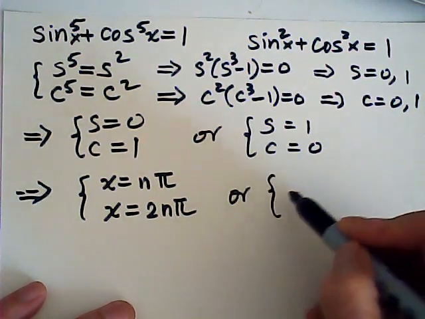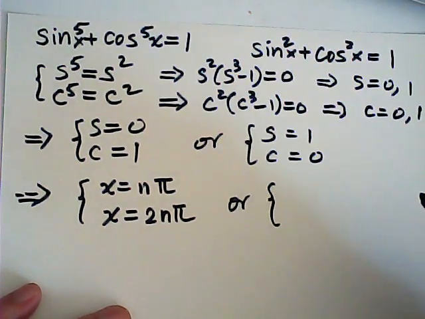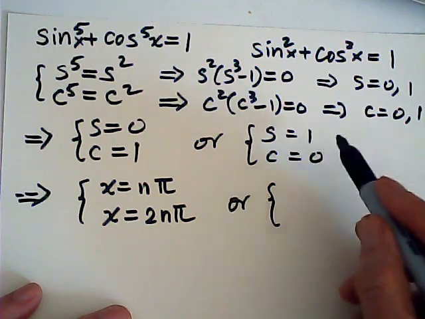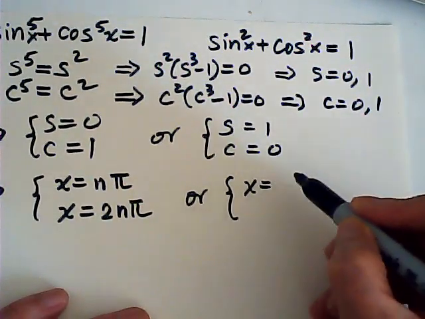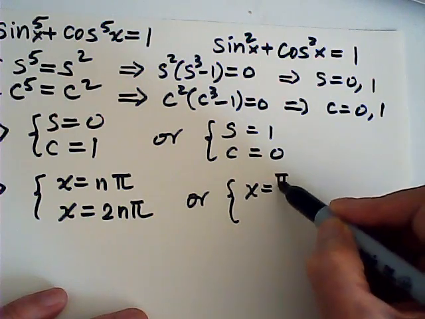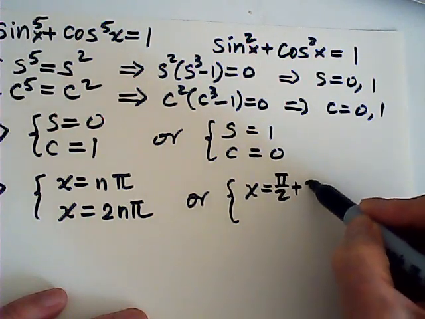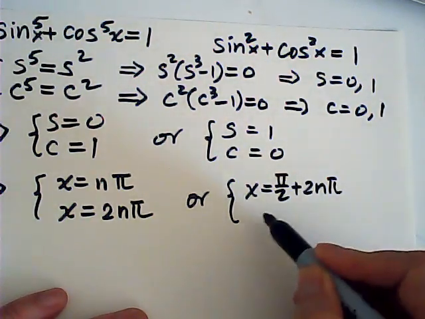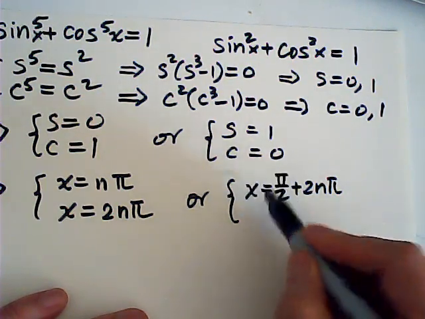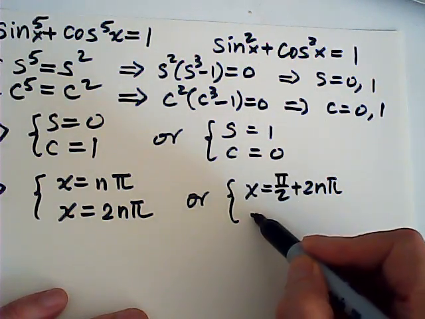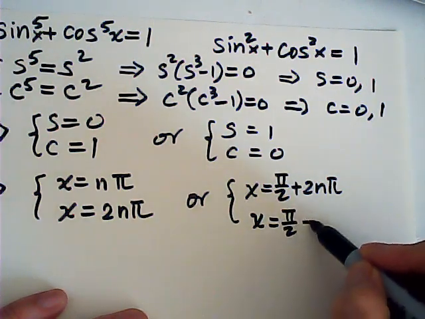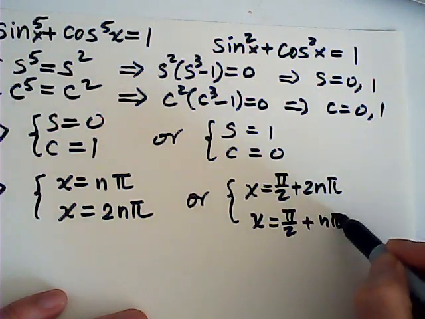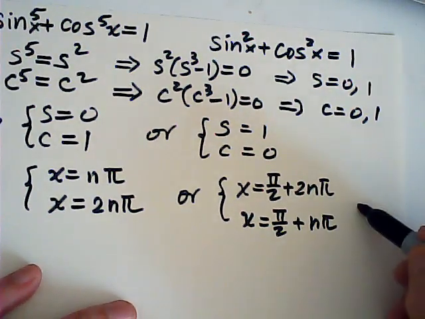Or when sine x is equal to 1, x is equal to half pi plus 2n pi, right? When cosine x is equal to 0, x must be equal to half pi plus n pi.